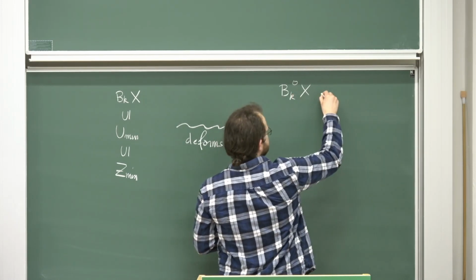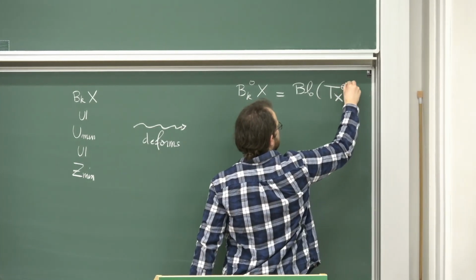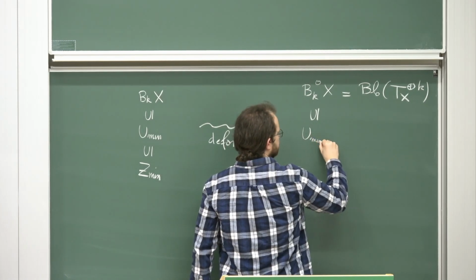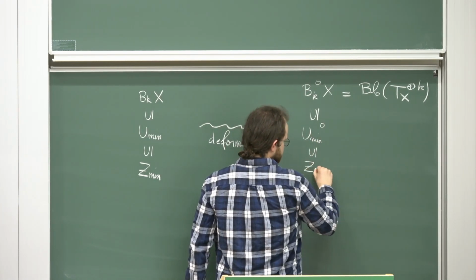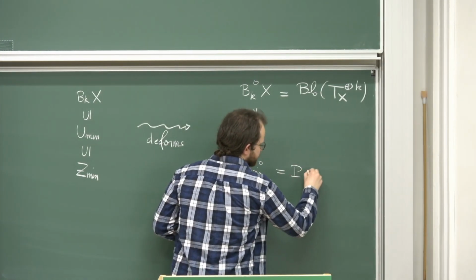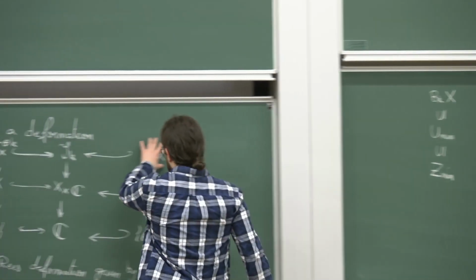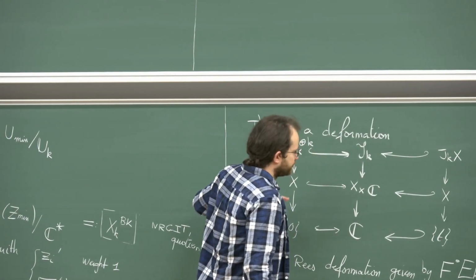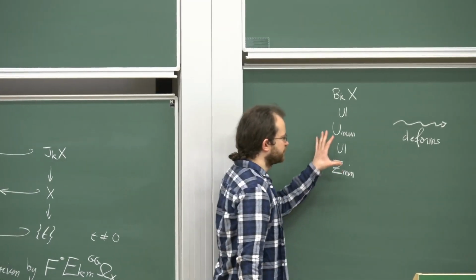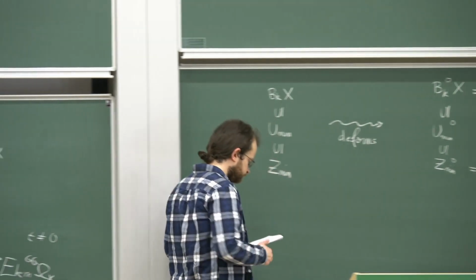So this BK knot is just the blow-up at the zero section of this sum of copies of the tangent bundle, and in it you also have this U min knot containing the Z min knot, but the Z min knot actually is still the same as the Z min. It's not hard to see that if you blow this along the zero section, then the deformation is actually trivial when you look at it. And also, when you look at the exceptional divisor, nothing deforms. It's only the U min which deforms, and of course the total space.